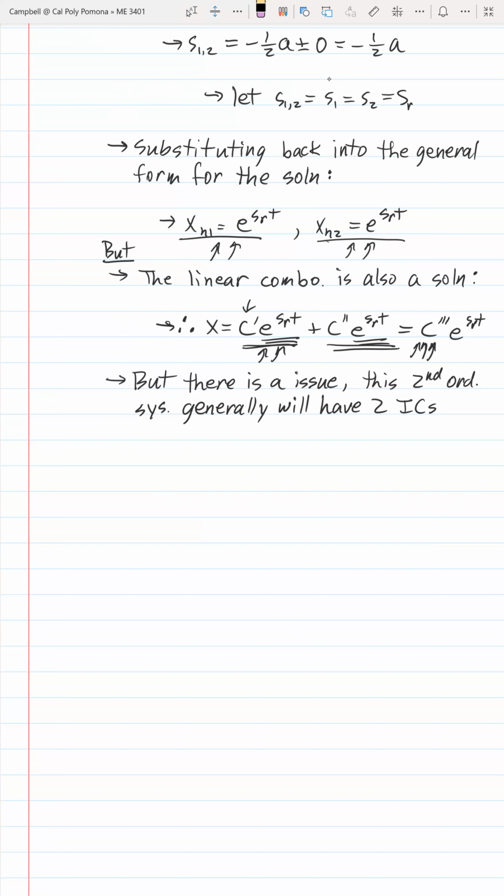And here I'm kind of showing my bias because I'm saying that 0 isn't an initial condition, which it really is. But I just want to make sure that you understand that in pretty much all cases, we're going to have two initial conditions, whether they be 0 or otherwise. So we have two initial conditions, but we only have one constant.